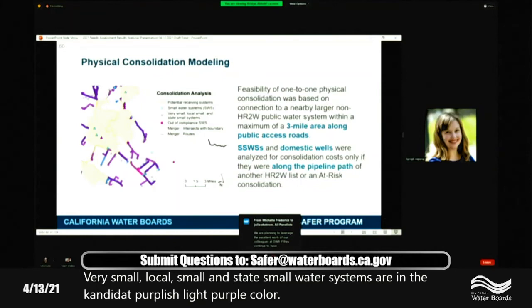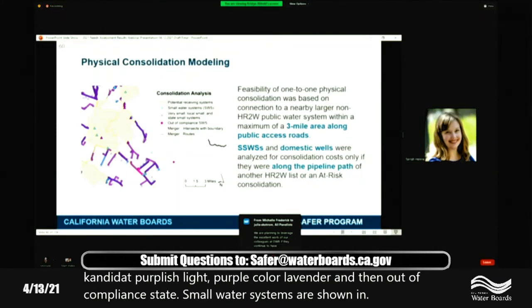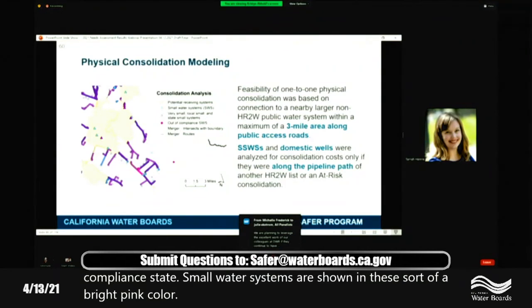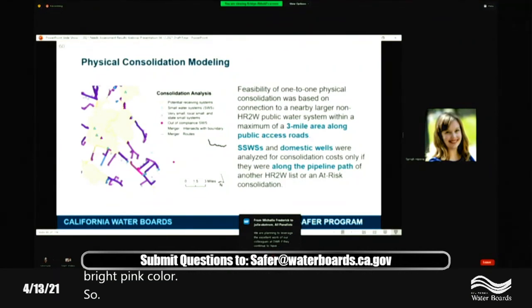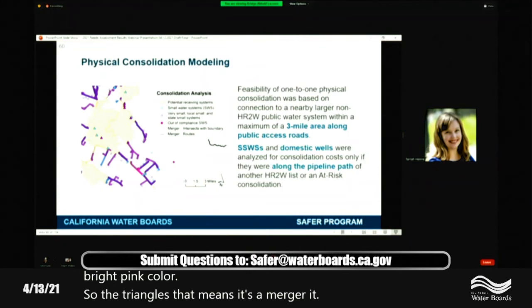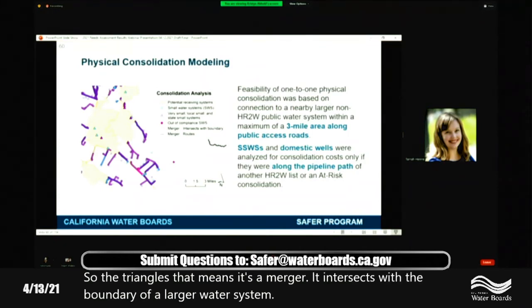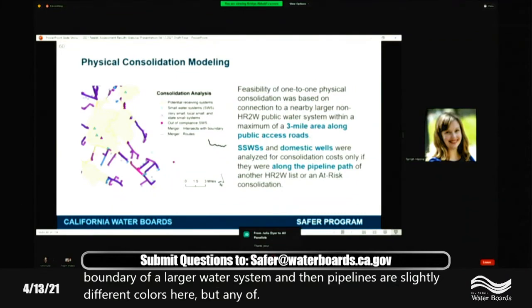And then out of compliance state small water systems are shown in this bright pink color. The triangles mean it's a merger. It intersects with the boundary of a larger water system. And the pipelines are slightly different colors here, but any of these lines shown are potential consolidation routes.